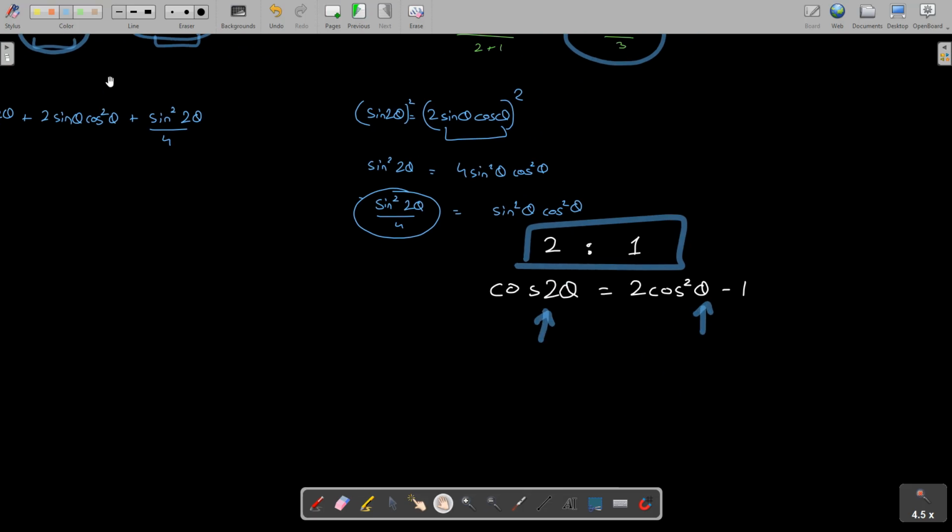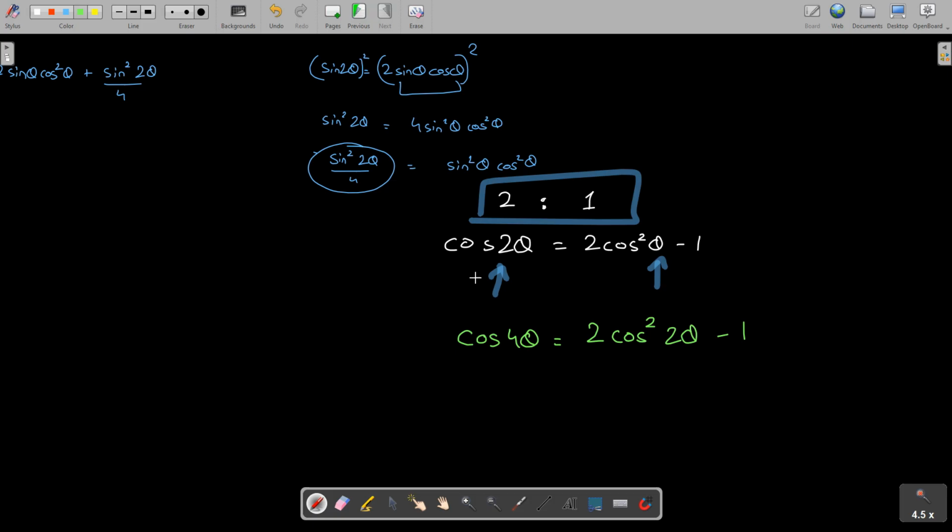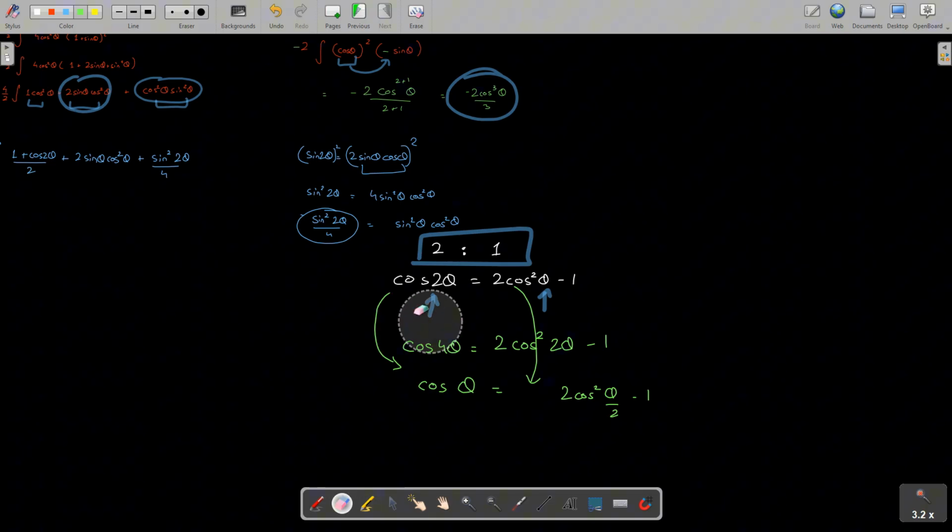What this means is, if I wrote this as, for example, cos of 4 theta, I will write this as 2 cos squared 2 theta minus 1. This is a property of trigonometry. And if I wrote cos of theta, I can write this as 2 cos squared theta by 2 minus 1, because this is a property of trigonometry you need to know.